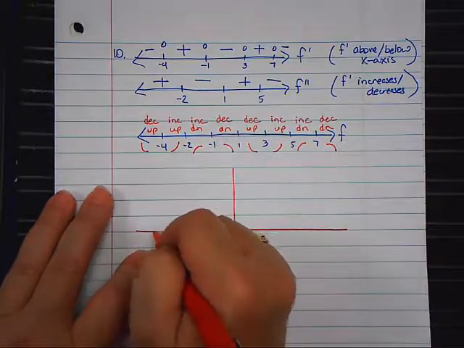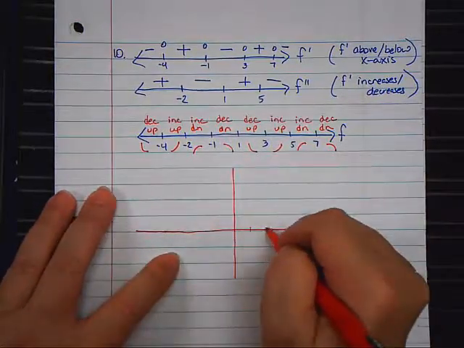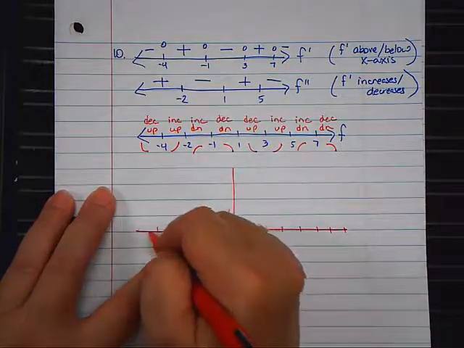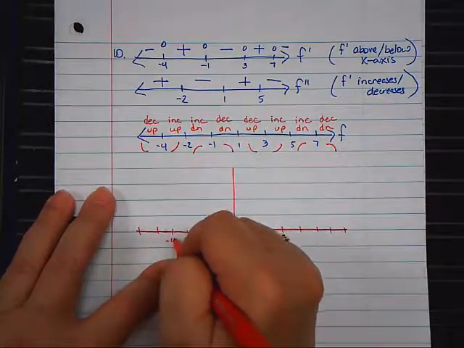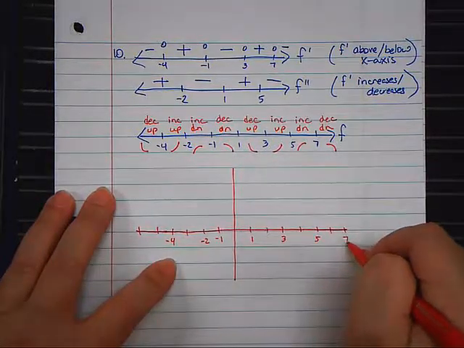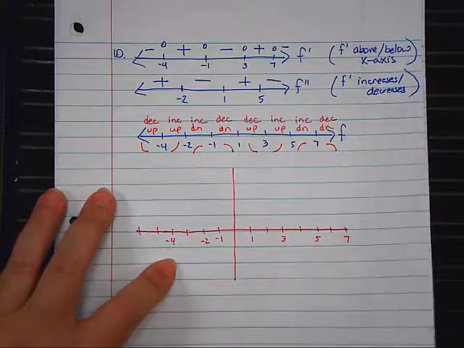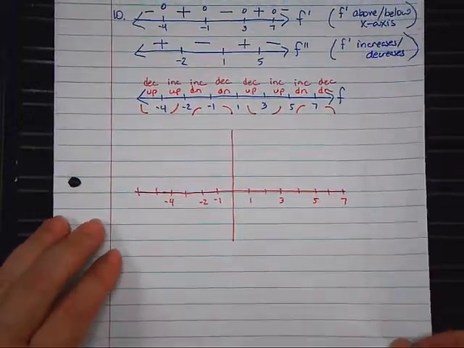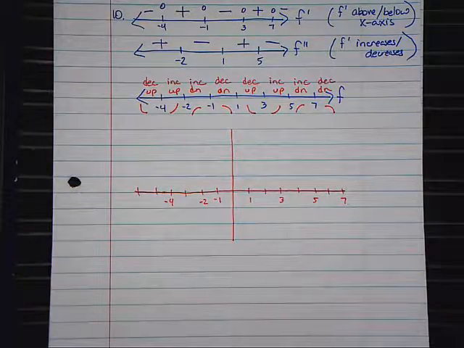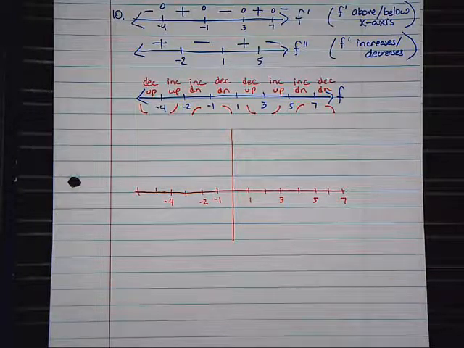Now this x-axis needs to be kind of long, to about 7. Now, for some of you, systematically putting the pieces together is difficult.